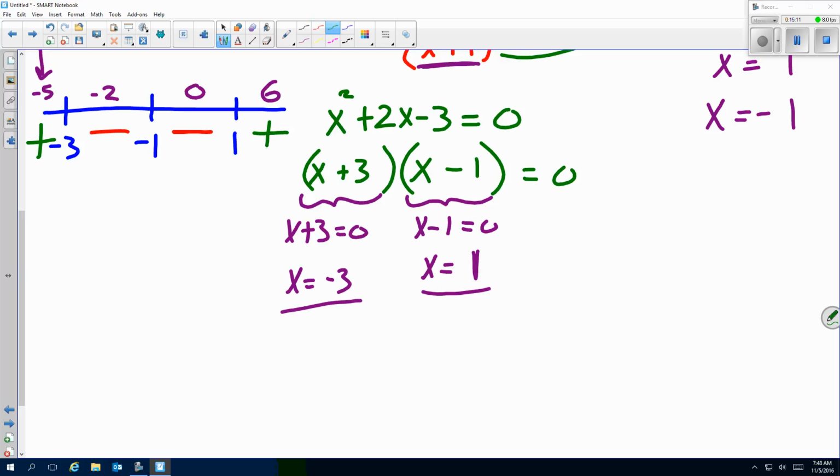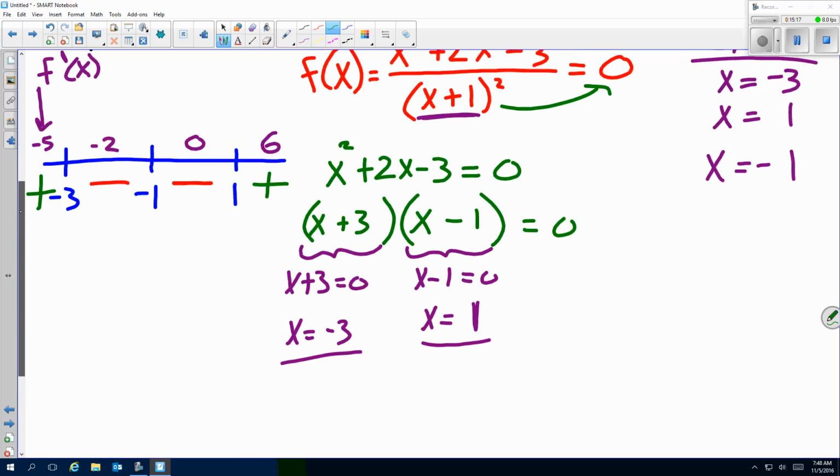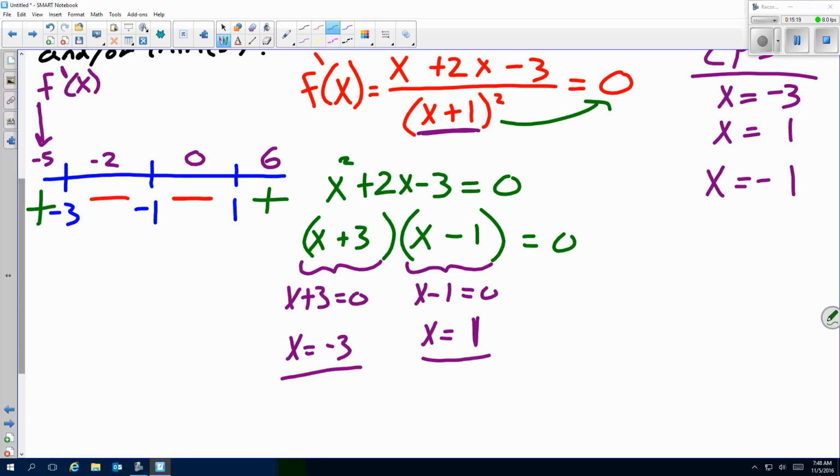Okay? Again, I told you guys, you're going to see the alternating pattern a lot, but do not assume that they always alternate. Okay? So that means this guy is increasing, this guy is increasing, and these two right here, decreasing. Okay? So what do we notice?